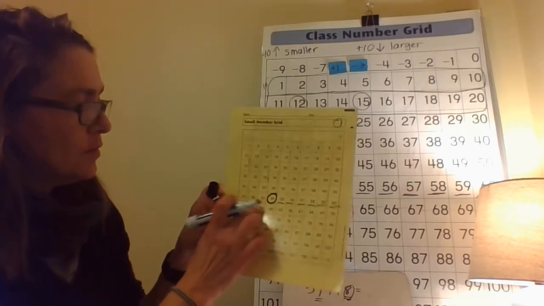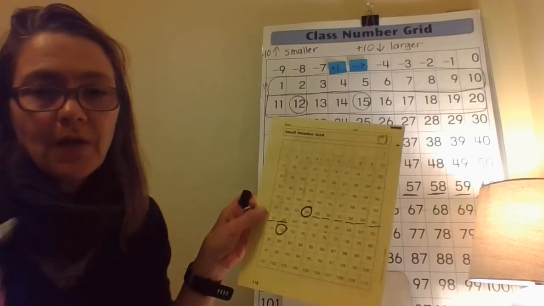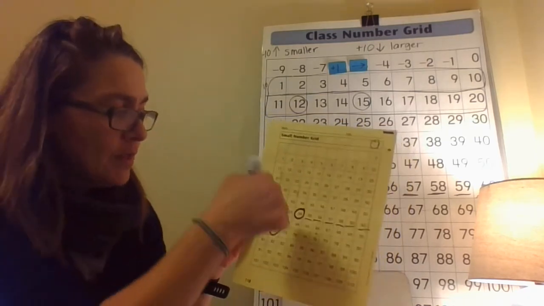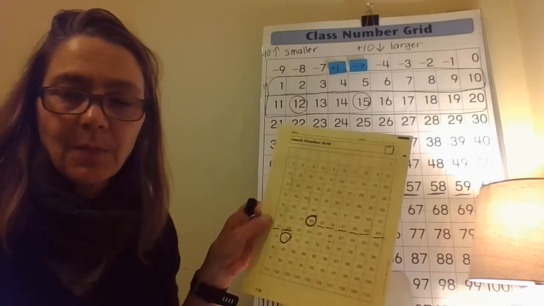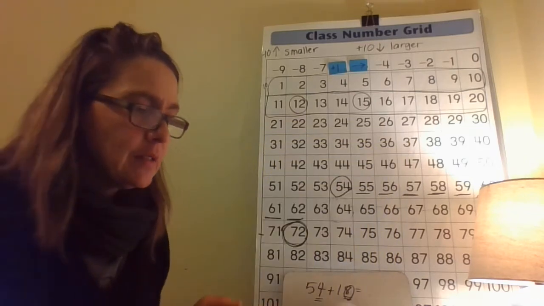And then, oops, I went up too many. And then you did the tens. Or you can show me if you did the tens first, went down to 64, and then counted up 8 ones. All right, so I would like to see both in Seesaw.